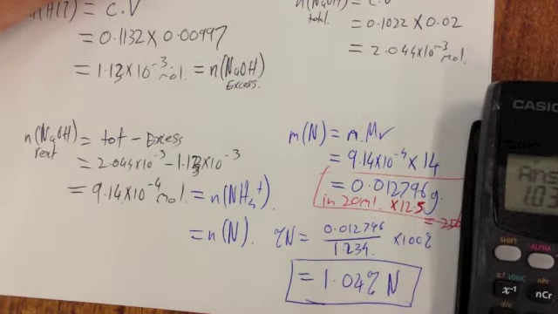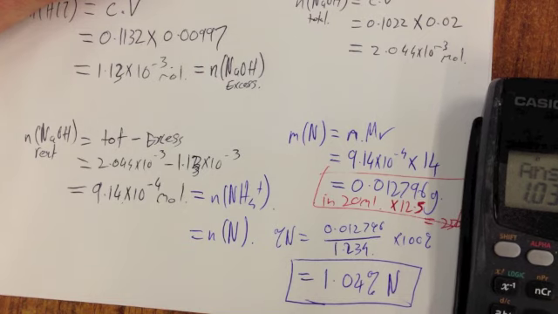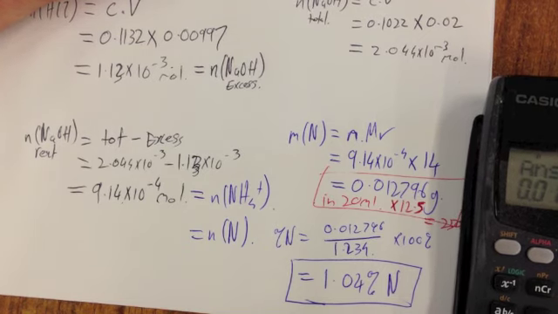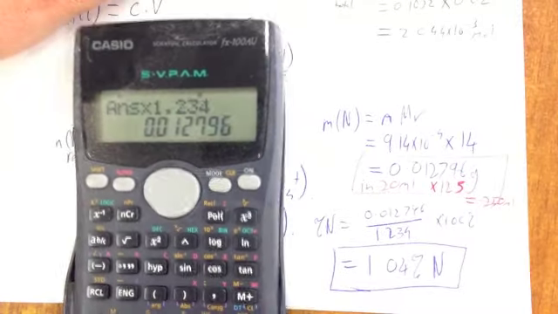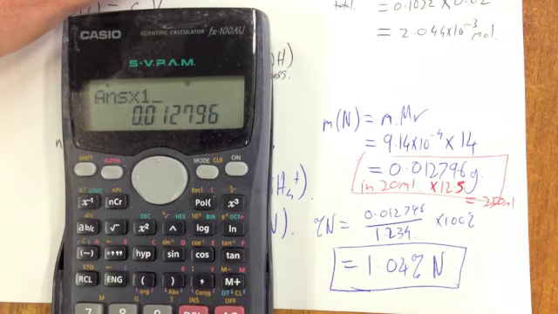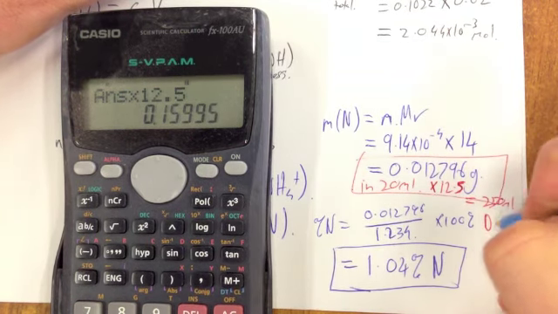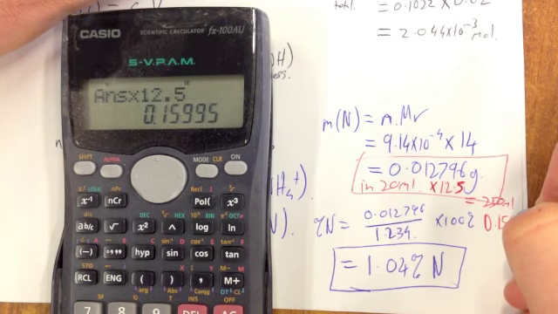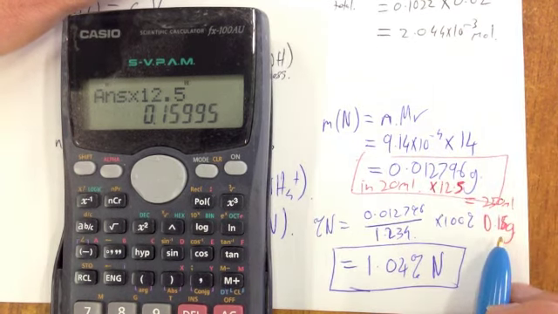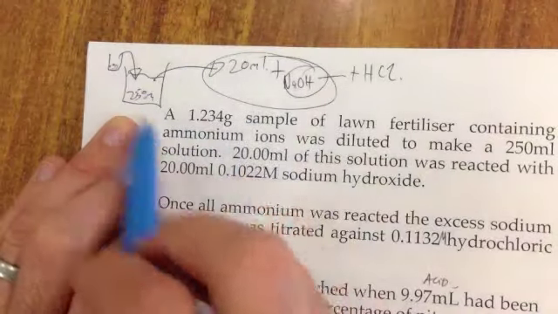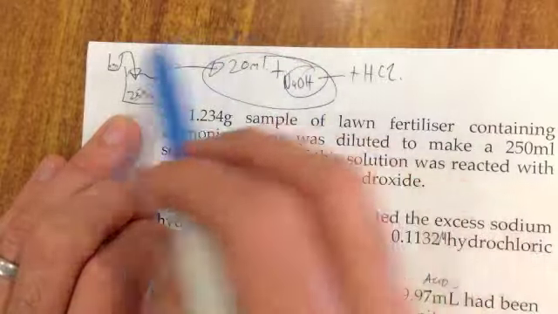So let's go back and divide that, and I get my grams here. I should multiply this by 12.5, and that is my mass in my fertilizer. Because I forgot my first step here of looking at my dilutions.